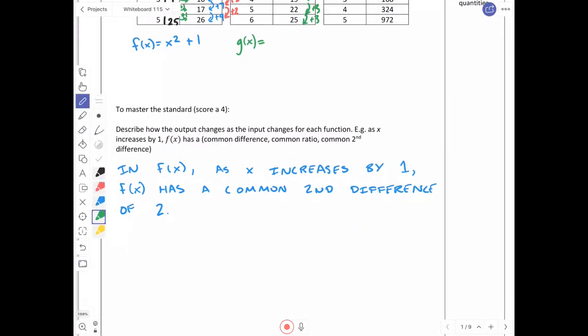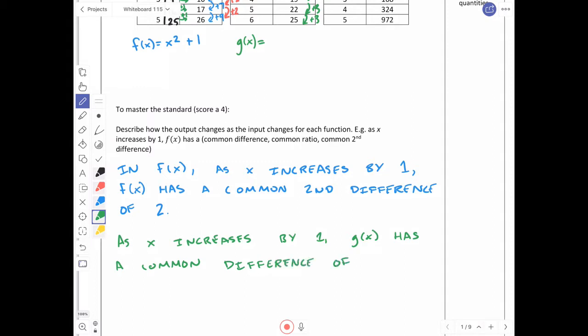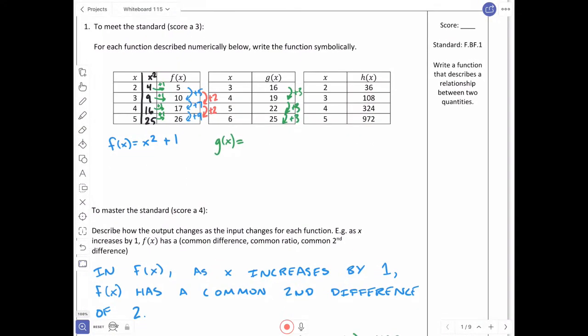So I can come down here and say as x increases by 1, g of x has a common difference of 3. Okay, so it's got to be a linear function with a slope of 3x.